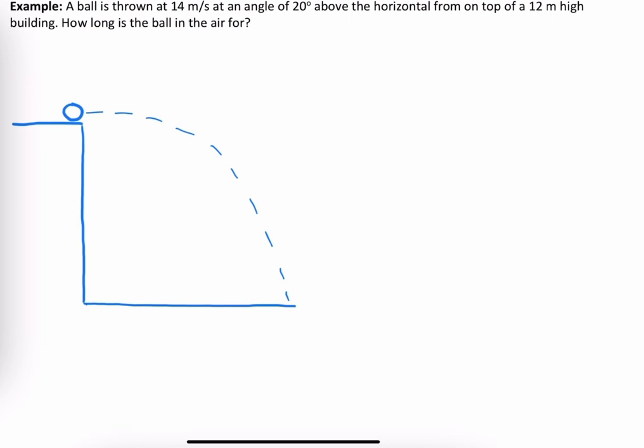In this question, the change we're making is it's not thrown directly towards the right. It's thrown with the same initial velocity, but at an angle of 20 degrees above the horizontal. So that means the path this thing takes is going to look more like this.